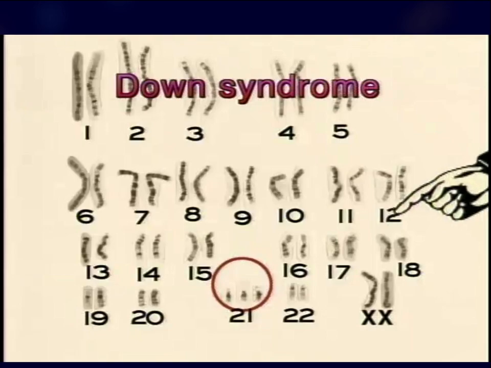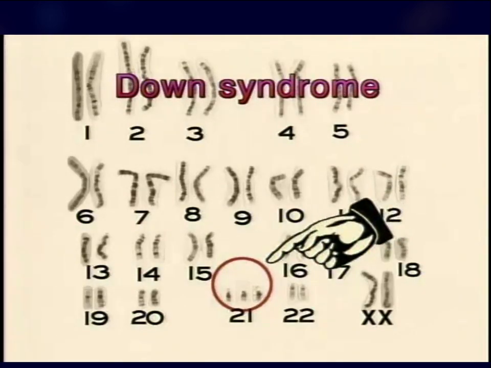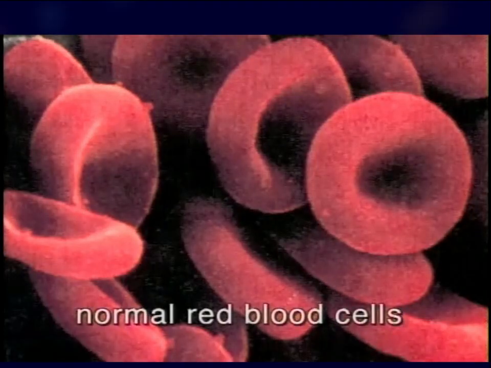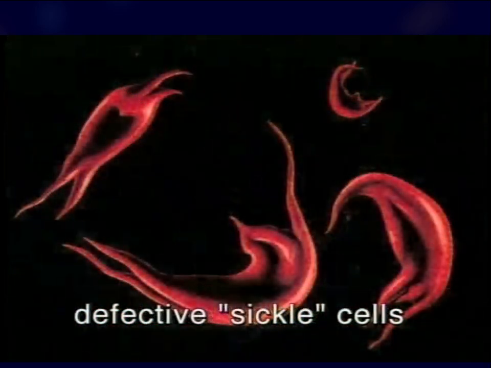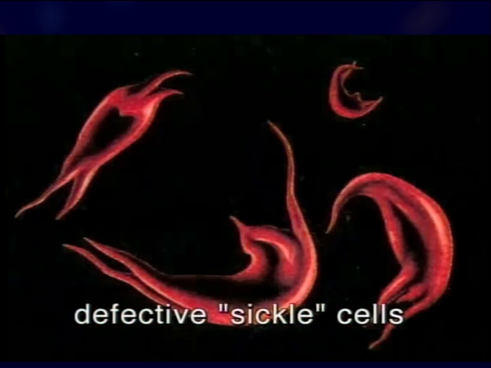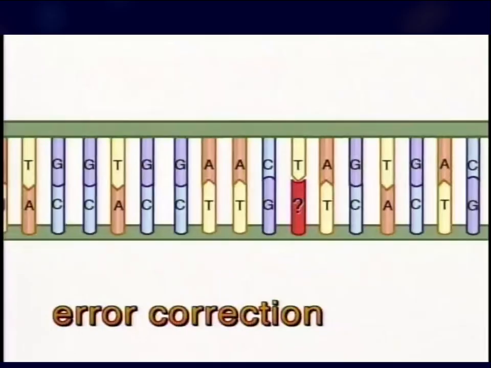Down syndrome is the result of an extra copy of chromosome 21, resulting in a total of 47 chromosomes rather than 46. Sickle cell anemia is a genetic disorder brought about by a one-letter misspelling of a base pair in a gene that results in defective red blood cells.